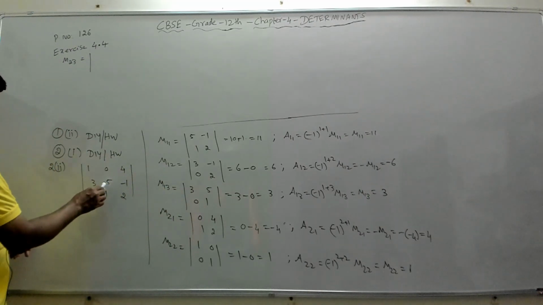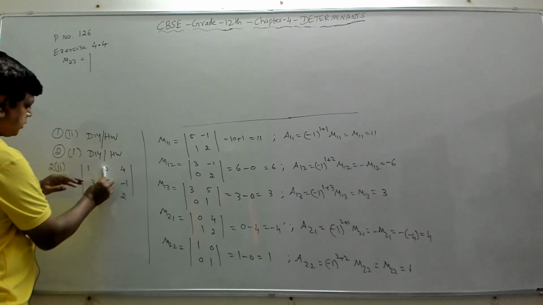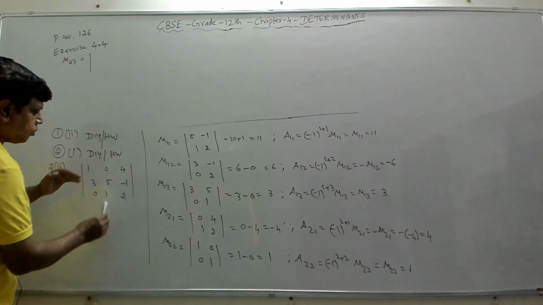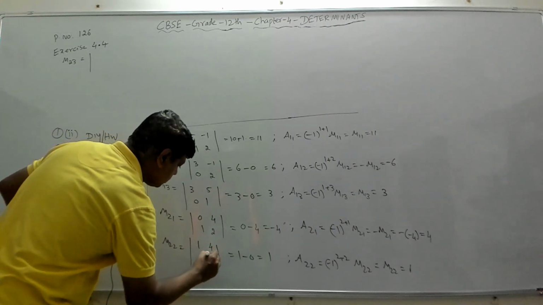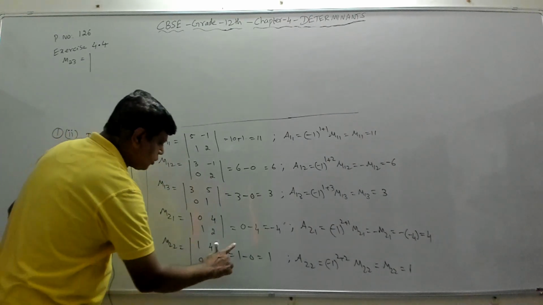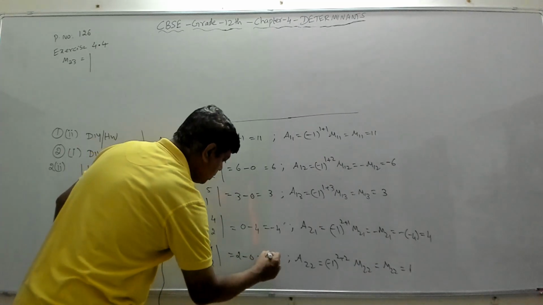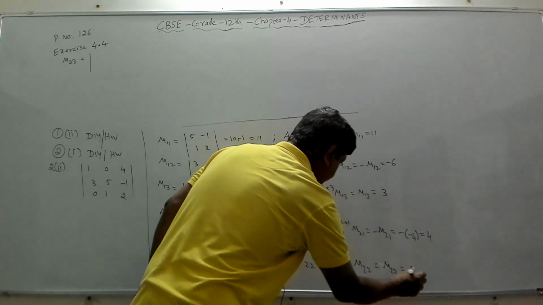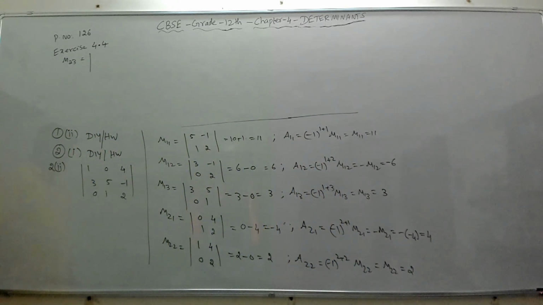M22 is this one, second row, second column. Close this and this, I'll get 1 4 0 2. Okay, so 1 2s are 2, sorry, again I made a mistake. Fine, so this becomes 2. So M21 is 4, M22 is 2, and A22 is also 2.